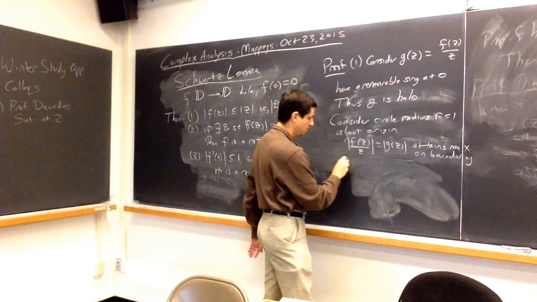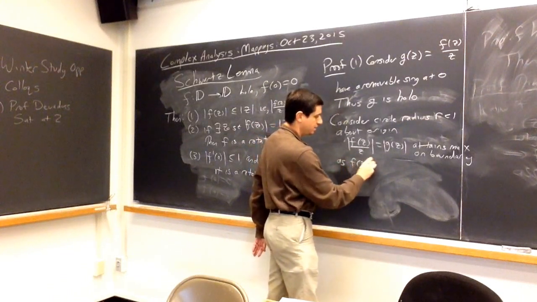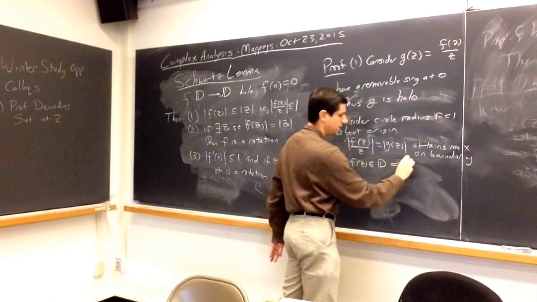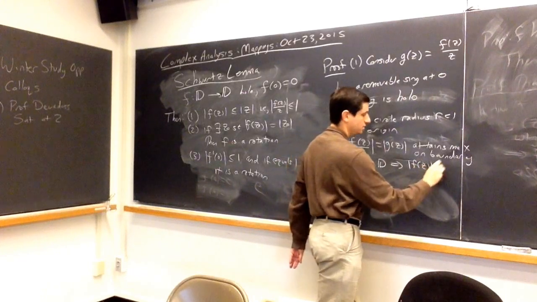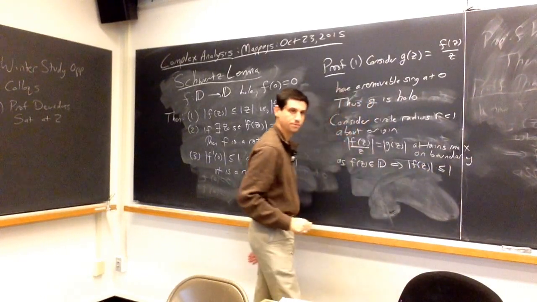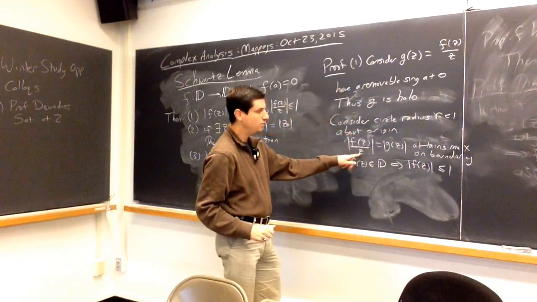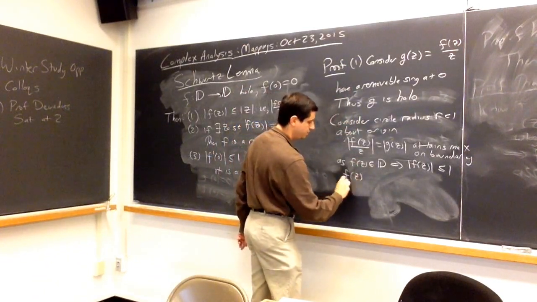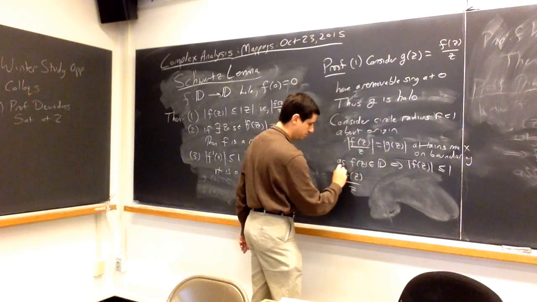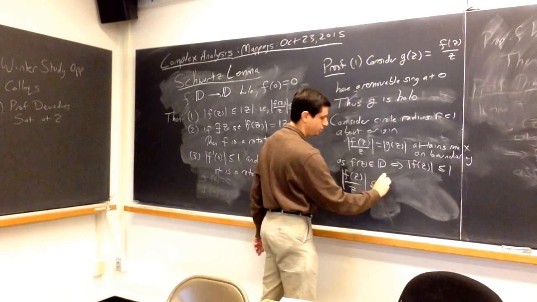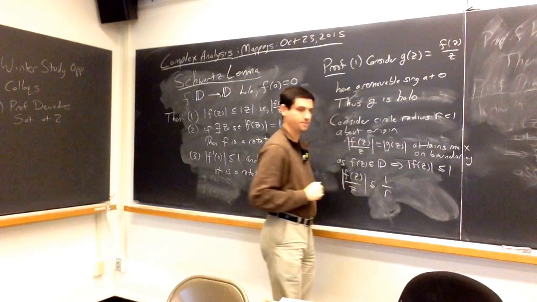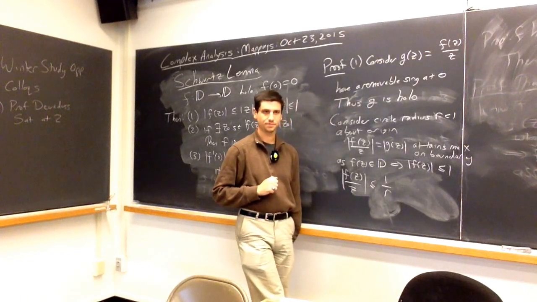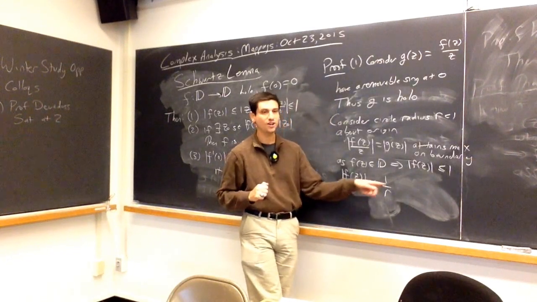So as f of z is in D, that implies the absolute value of f of z is less than or equal to 1. And so if the boundary is where the maximum occurs, then we know f of z over z is less than or equal to 1 over r. And this is true for all r less than 1.